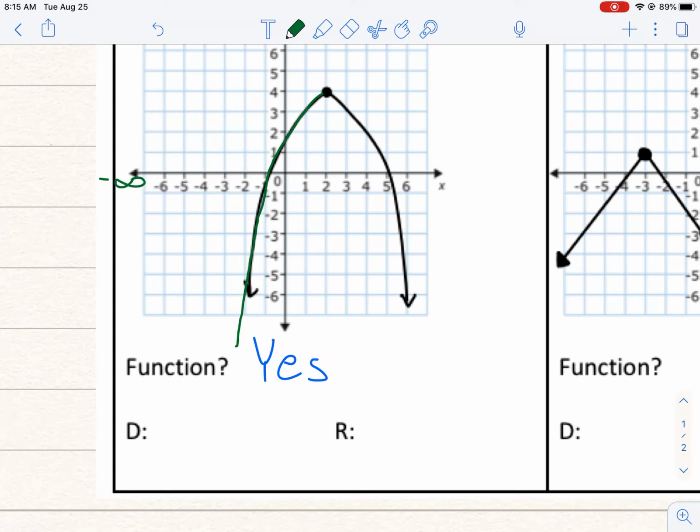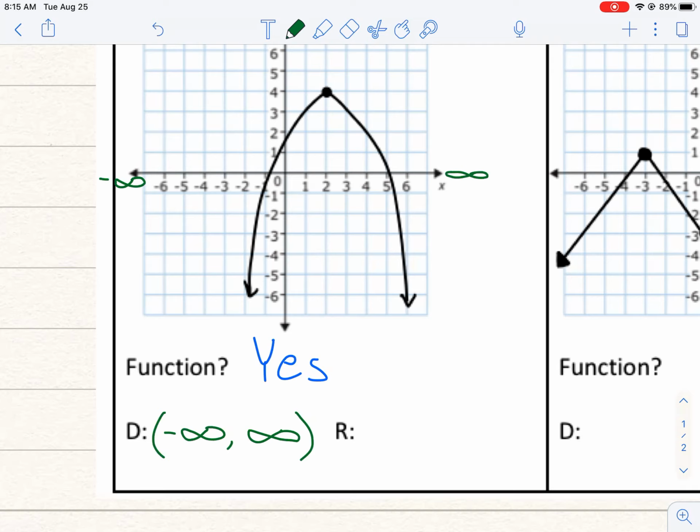So it is going to negative infinity. That would be my farthest left point. And then also because it's going down and down and down this way, it's going to positive infinity out this way. So it's negative infinity to positive infinity for my domain.